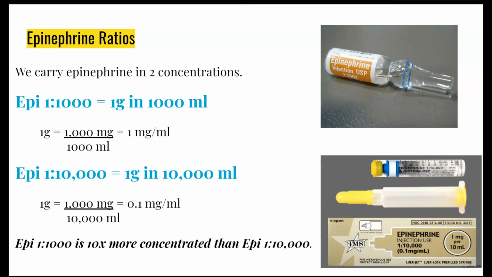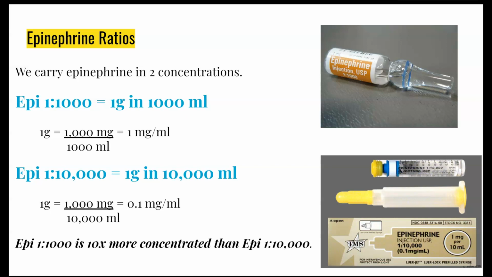Epi is sort of similar, except it's not in 100 milliliters. It gives you what the ratio is right here. Your Epi 1 to 1,000 is 1 gram in 1,000 milliliters, where your Epi 1 in 10,000 is 1 gram in 10,000 milliliters.